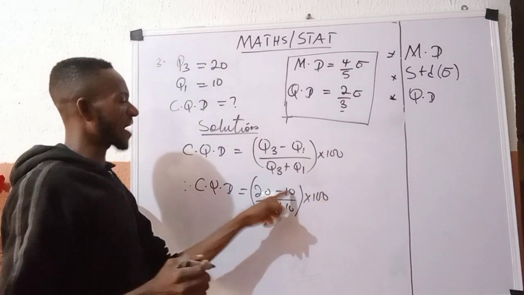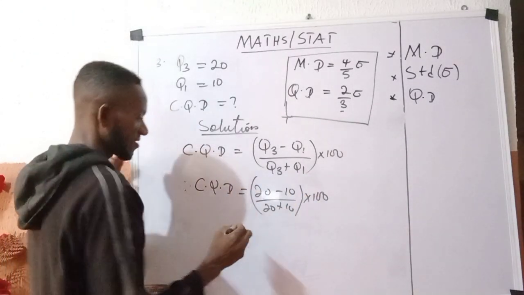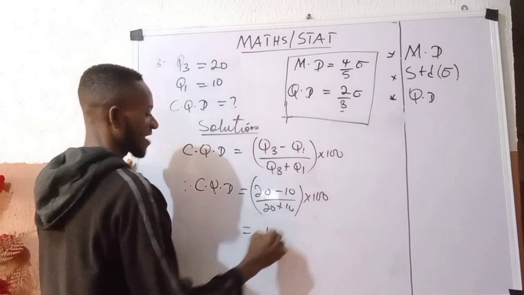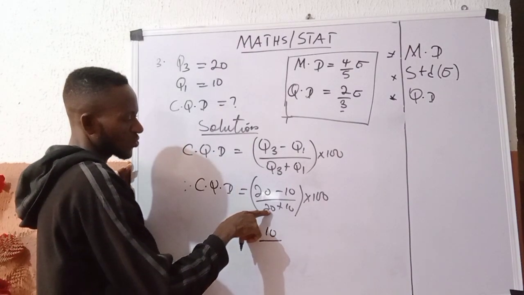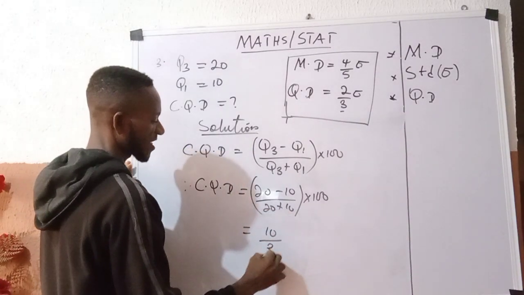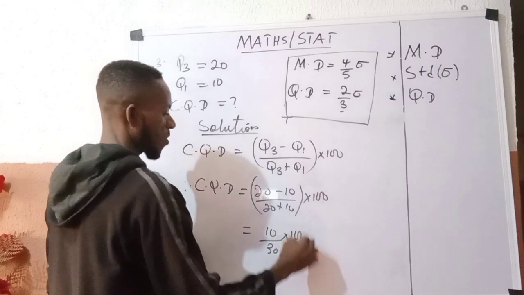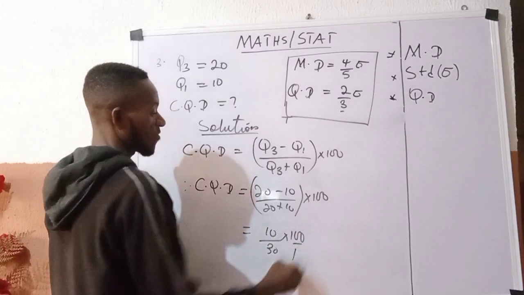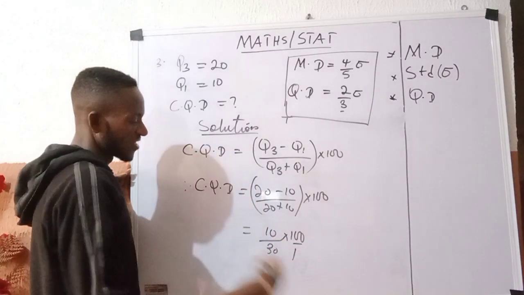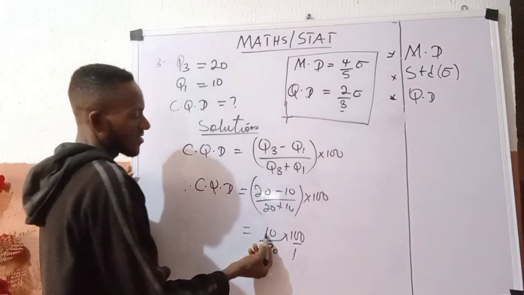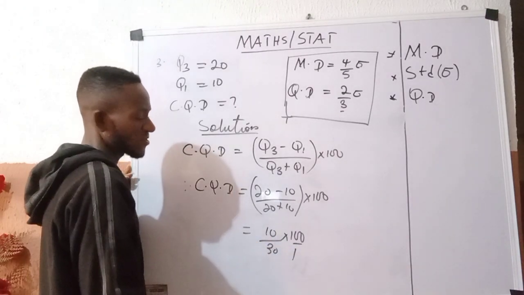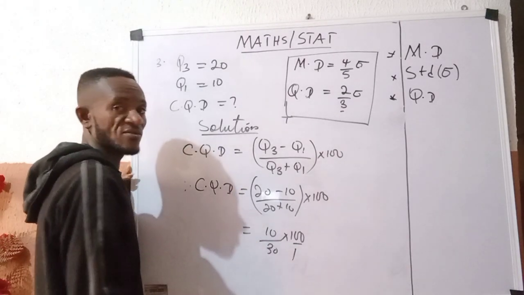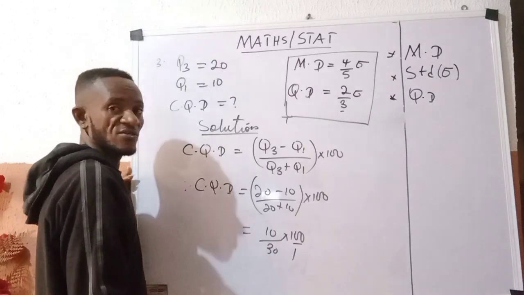Of course, 20 minus 10 is 10, and then this will give me 10 all over 20 plus 10, which will give me what? 30, all multiplied by 100. I can say all over 1. So in this case, of course, I have 10 times 100, which will give me 1000.